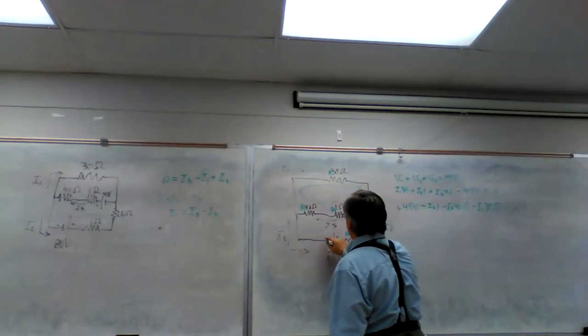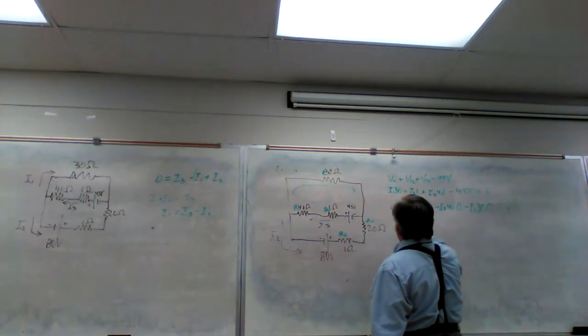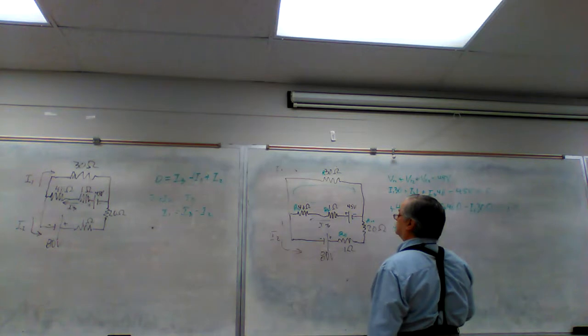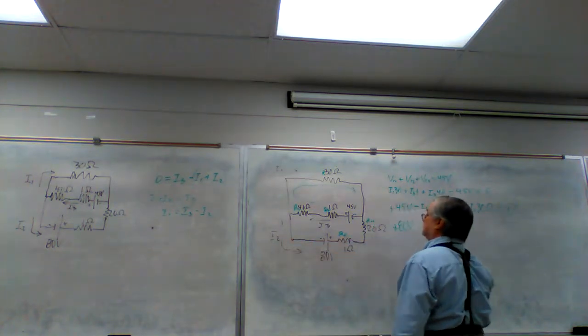We know that from here to here is plus 80 volts, because we've assumed the current is going in this direction.